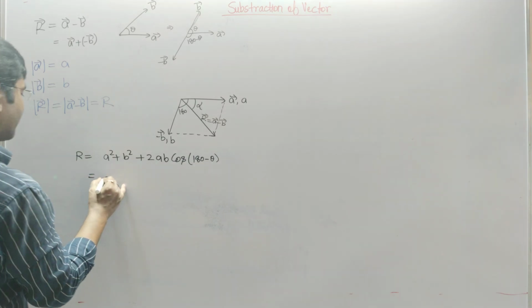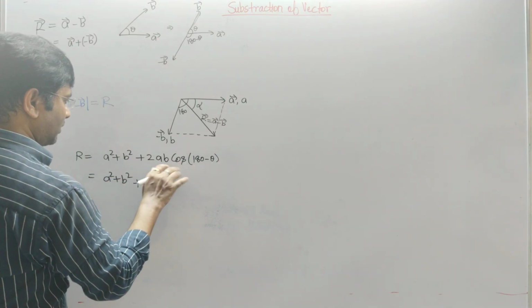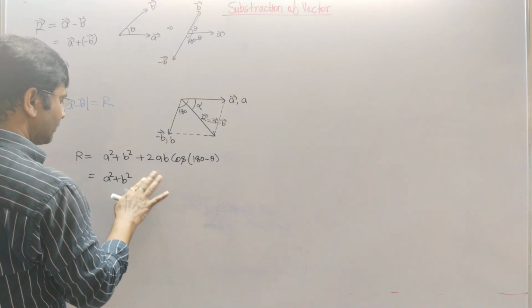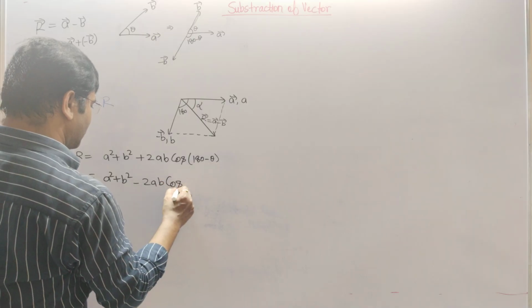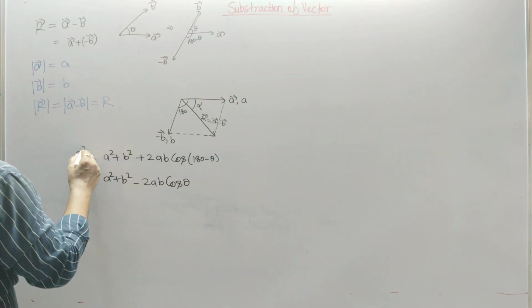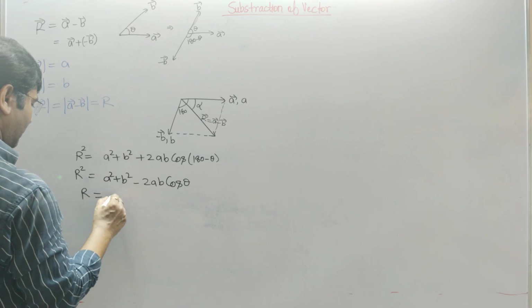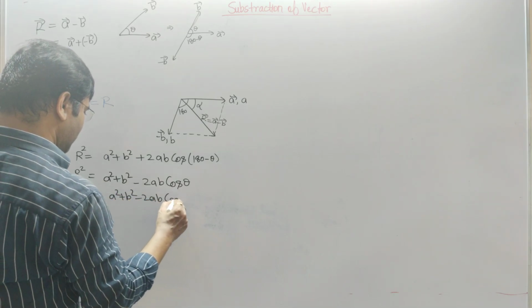So we can write A square plus B square plus, since cos of 180 minus theta is minus cos theta, minus 2AB cos theta. So I am getting R square equals A square plus B square minus 2AB cos theta.